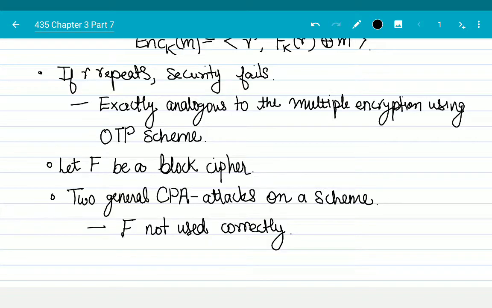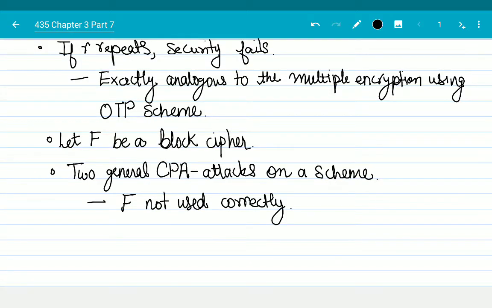Okay. What does that mean? Some part of the plain text is actually visible, or F is not used with a random unknown key, right? Some key is repeated or something.